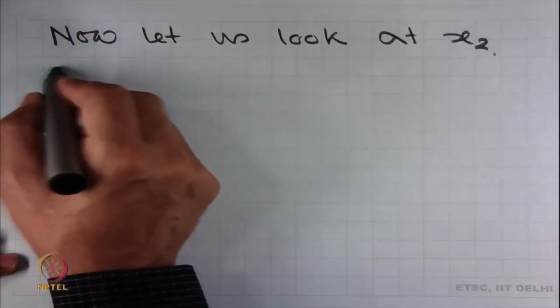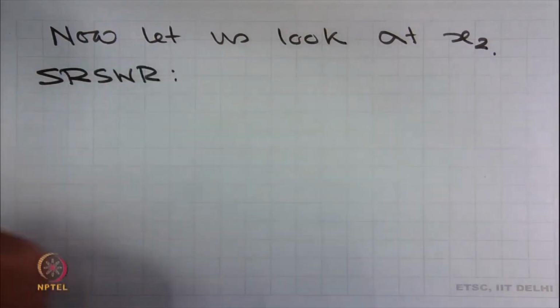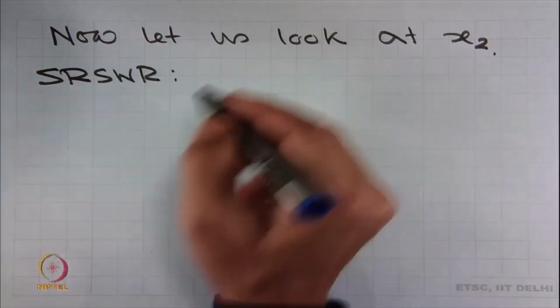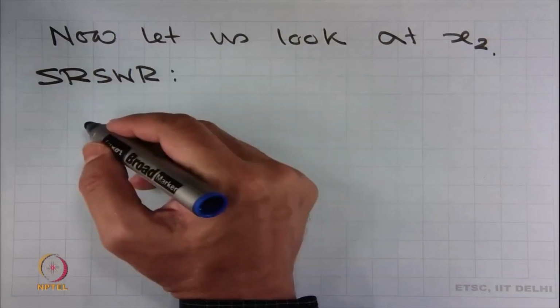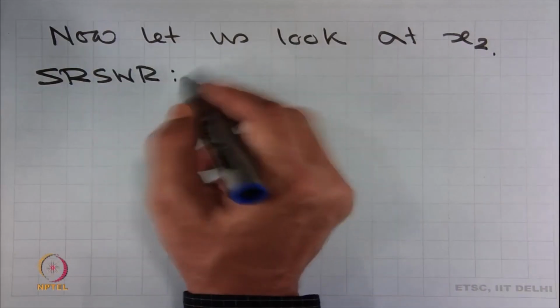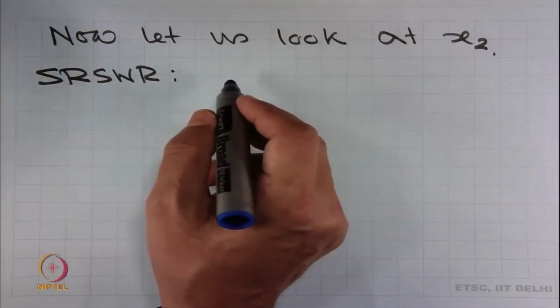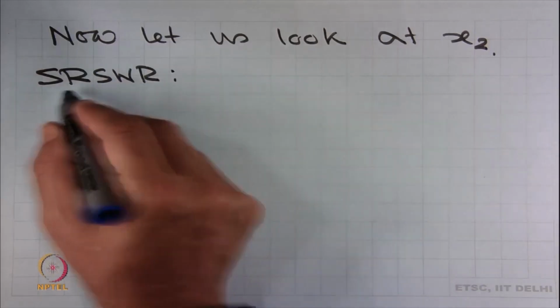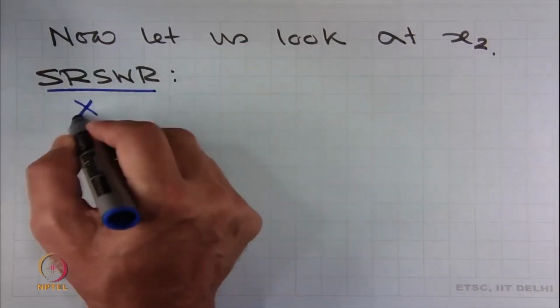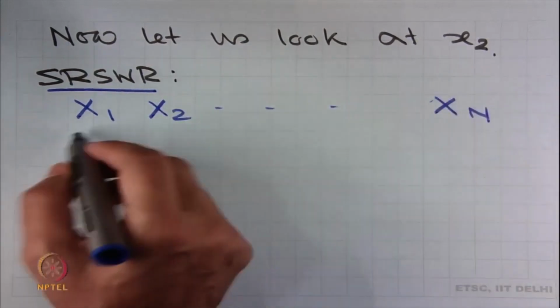Now, let us look at X2 under SRS-WR. If you are doing simple random sampling with replacement, then whichever element has been taken in the first sample, it is put back into the population again. So, for SRS-WR, again I have all x1, x2, ..., xN, and they are all equally likely.